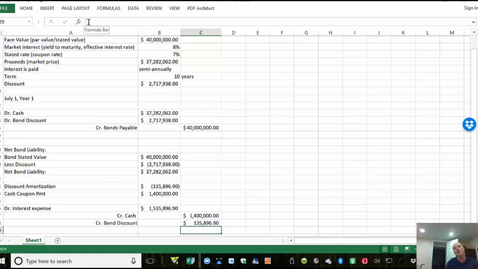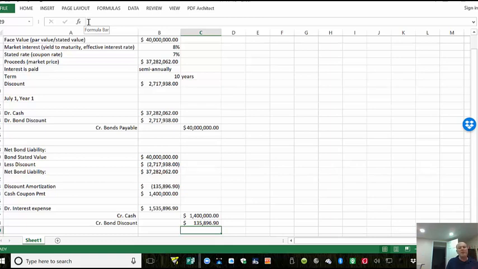Now, the nice part about the straight line bond amortization is that the journal entry doesn't change from period to period. It stays exactly the same from period to period, and the answers to part A, part B, or question 2 is the same.